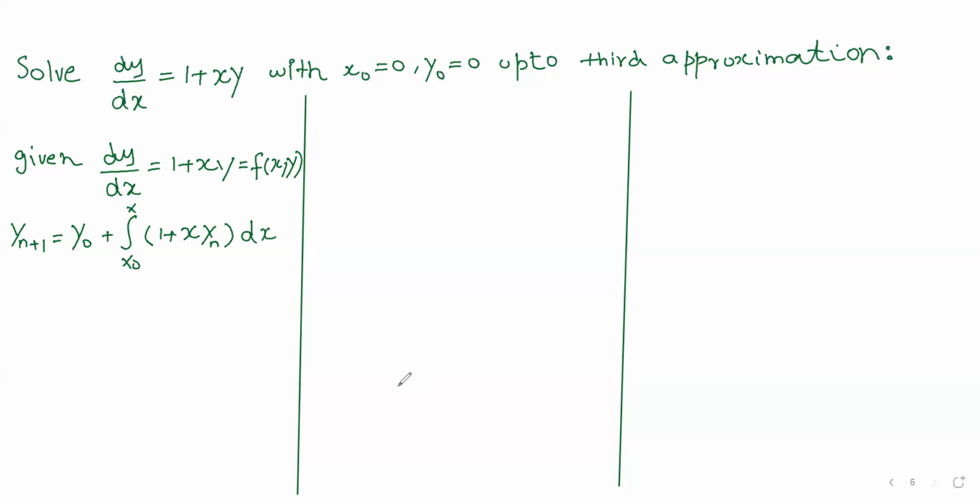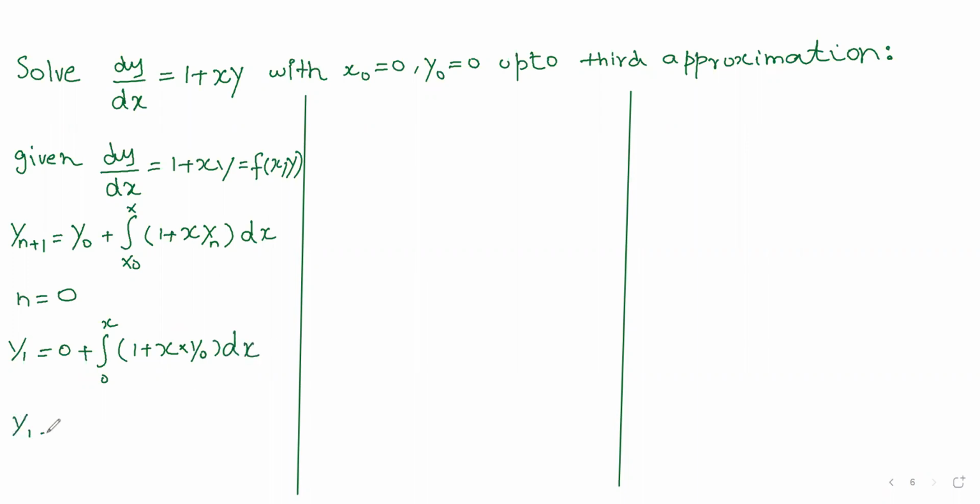So in here, if we put n equals 0, then we're going to have y1 equal to 0 plus the integral from 0 to x of 1 plus x times y0, because y0 is equal to 0, dx.